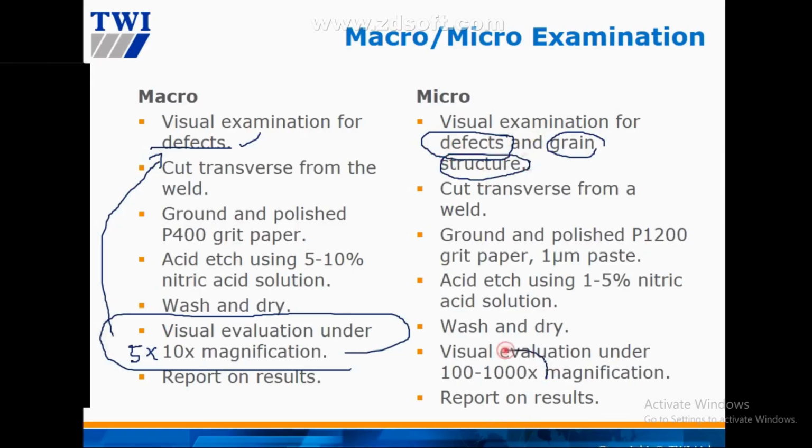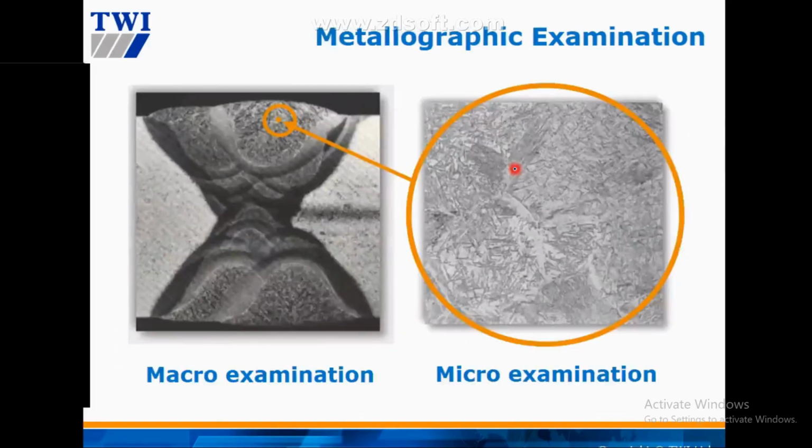Because magnification can be up to 1,000 times, so that's why you get grain structure. That's the difference between macro and micro. Macro, remember, only for defects. Micro only for defects and grain structure. Clear about this? And both they call metallography examination.